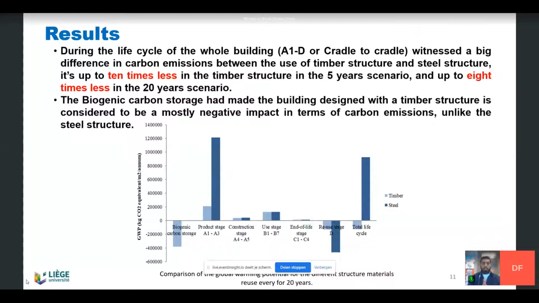So the biogenic carbon storage made the building designed with the timber structure considered to have a mostly negative impact in terms of carbon emissions, unlike the steel.